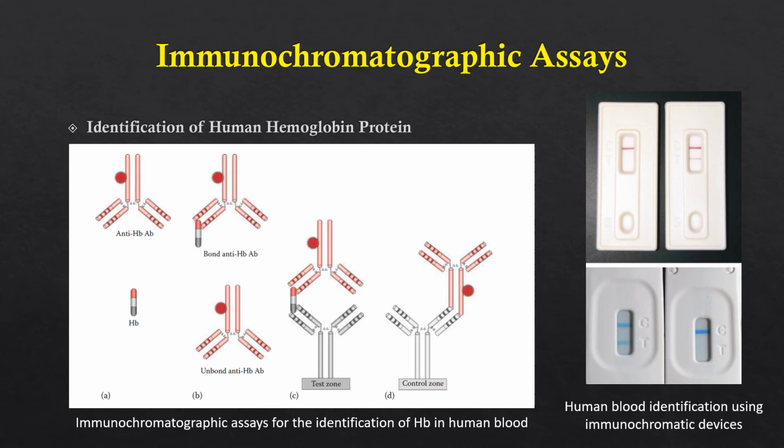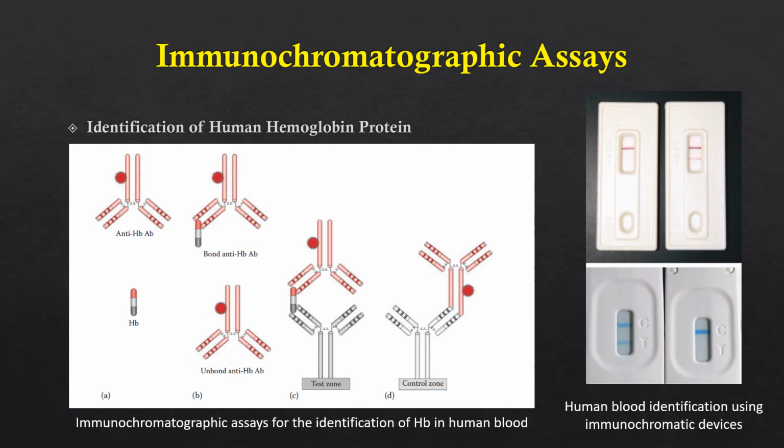So the HemaTrace, or identification of hemoglobin protein, is a very sensitive test, and this particular test works at the microliter level. That means a very minute 5 microliters of blood can also be identified using this test in deciliters of blood.